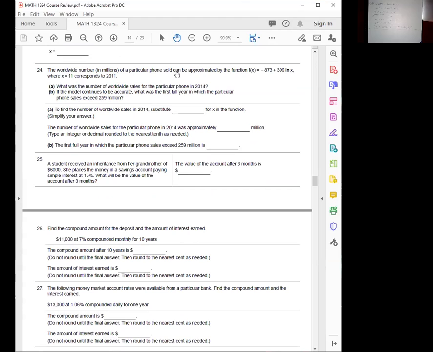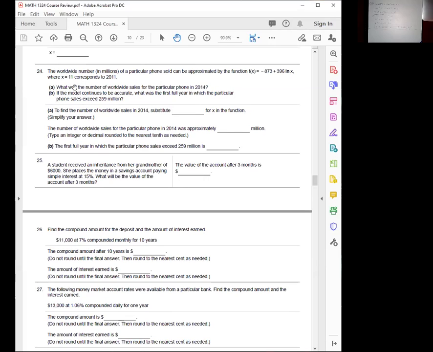So if I plug in 14 for 2014, I'll answer part A. What was the number of worldwide sales for the particular phone in 2014? That means plug in 14 for this x, and you get a number. And that's all you really do.